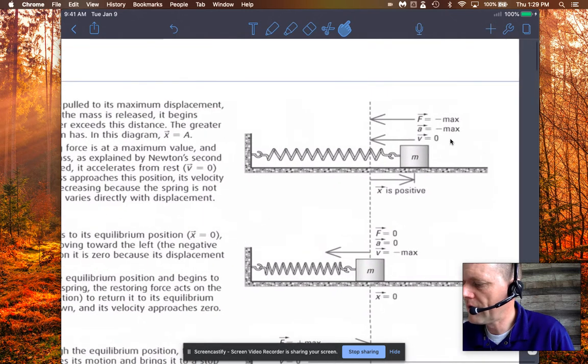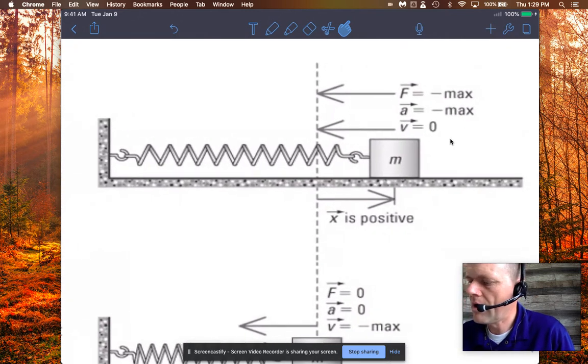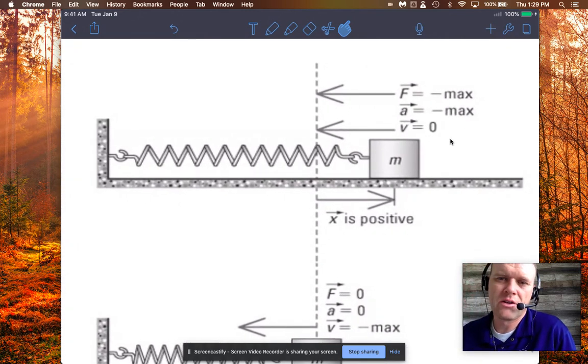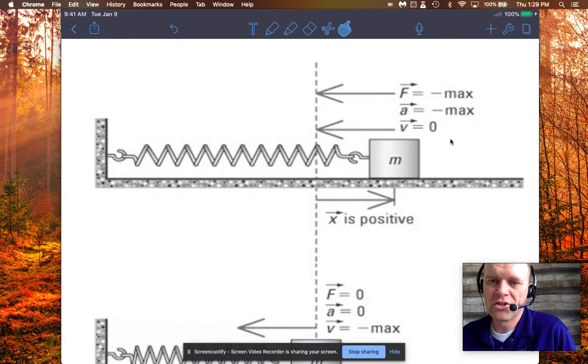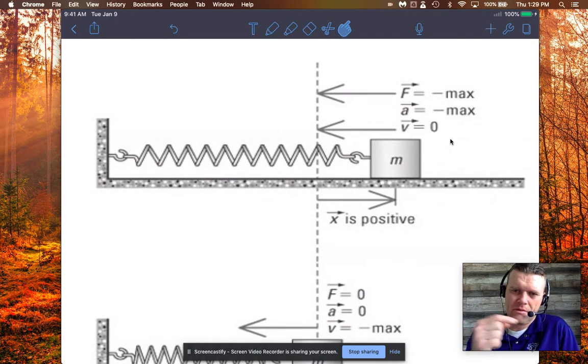In the first one, we've displaced the mass to the right, and at that position, we have a maximum acceleration. The mass wants to go back towards equilibrium, and that's proportional to the force. So the force and the acceleration are directly proportional to each other, but out there the velocity would come to a stop, and the velocity would be zero.